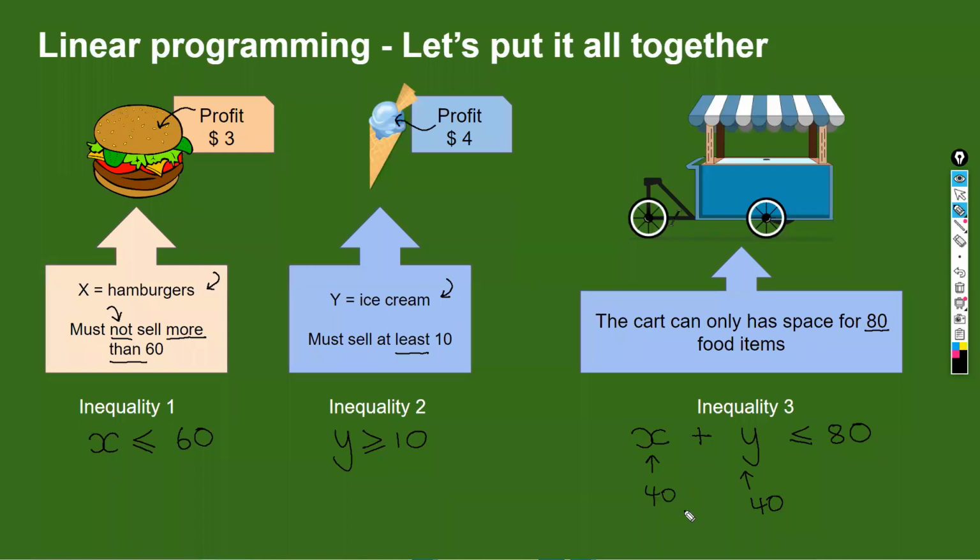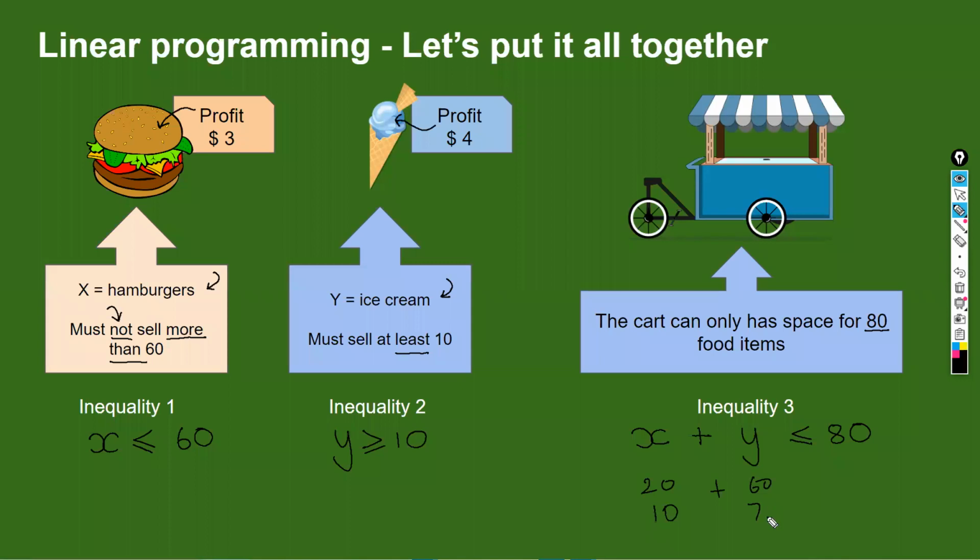For all you know, a different combination will be better. 40 plus 40 is 80, but isn't 20 plus 60? For all you know, if you attempt to sell 60 ice creams instead and 20 hamburgers, you might come out with a larger profit. There are a lot of combinations.